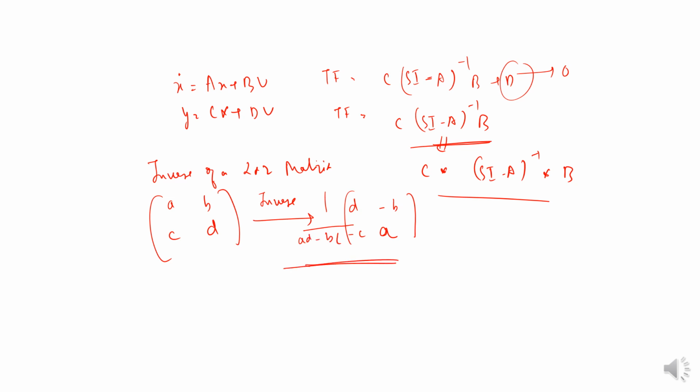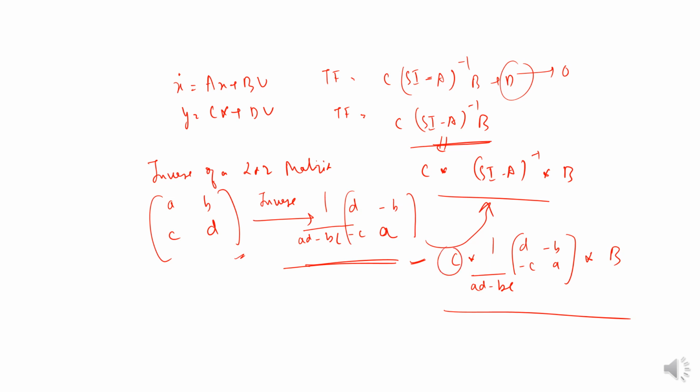This is how you find the inverse of a 2 by 2 matrix. This inverse you plug in here: C into D, minus B, minus C, A, times 1 by AD minus BC, into B. We plugged in the values of C and B, and we found the transfer function.